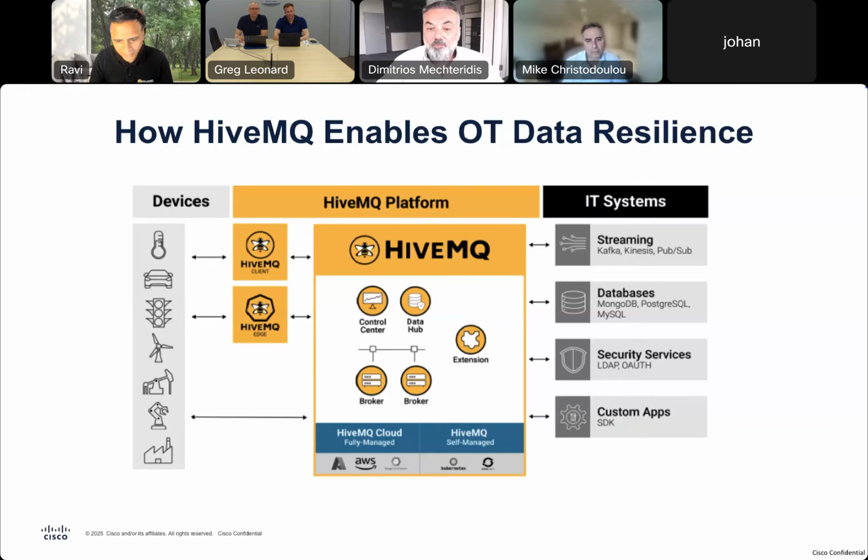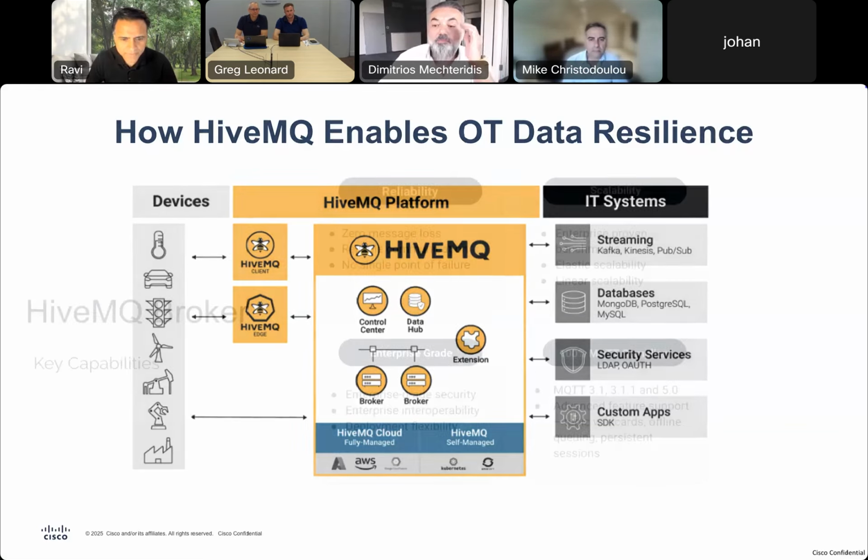Then we can consolidate the data with other pieces of information, so ultimately you can support your OT applications, be it data streaming, connecting to a database, or custom applications. This software can be on your premises or in the cloud, and while doing that, we comply with all the security postures that customers want.